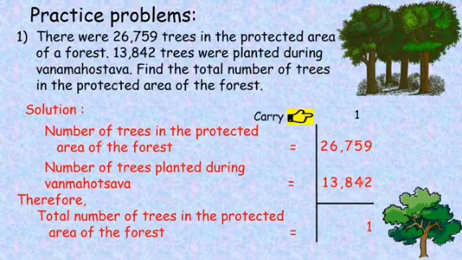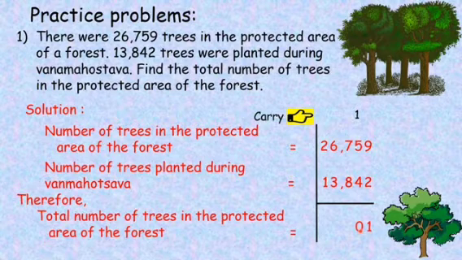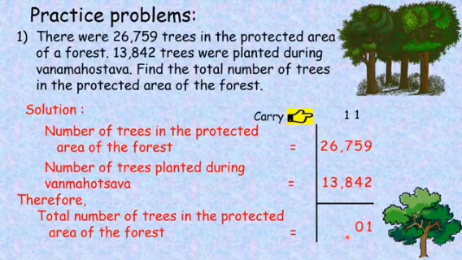So now 5 plus 4 is 9, 9 plus 1 is 10. I have 0 mentioned at the bottom. 1 gets carried, then 8 plus 7 plus 1 gives me 16.